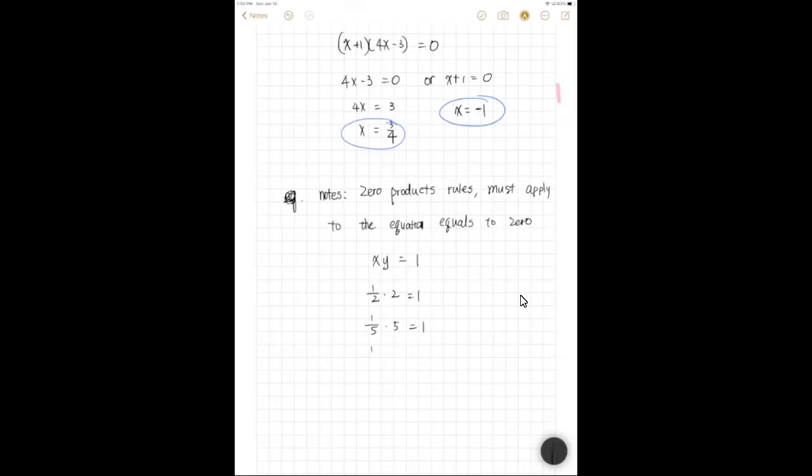Or 100 times 1/100 still equals 1, so x and y have multiple options if the product is not equal to 0. Only when x times y equals 0 will we have the answer that either x equals 0 or y equals 0.